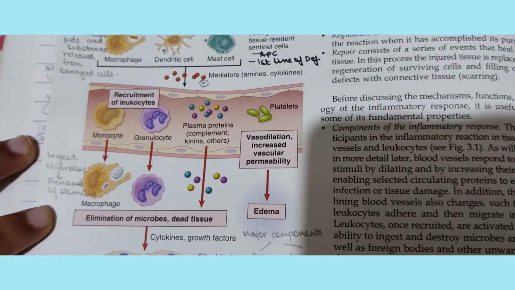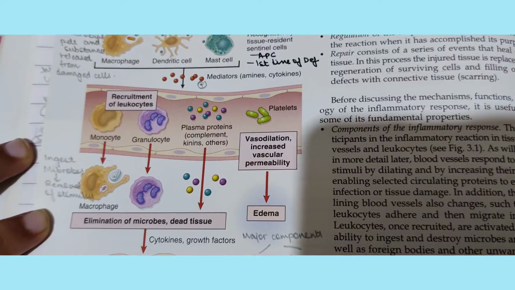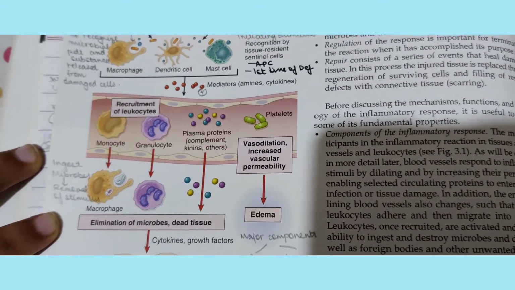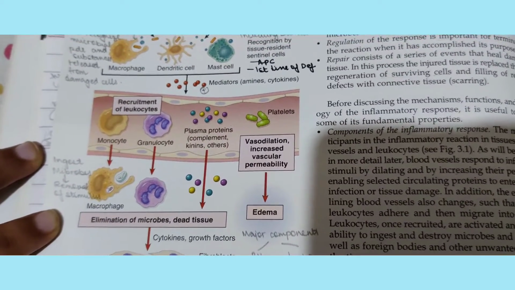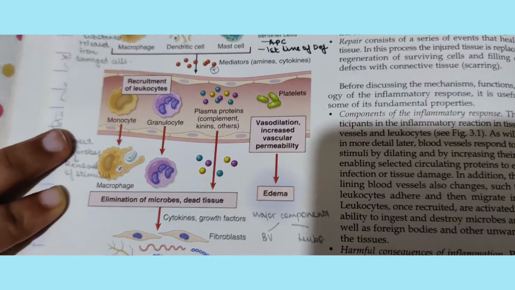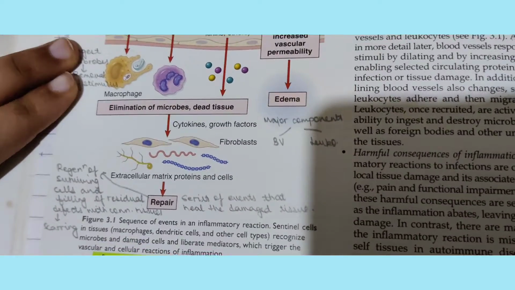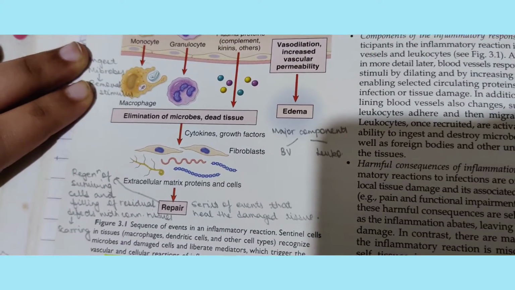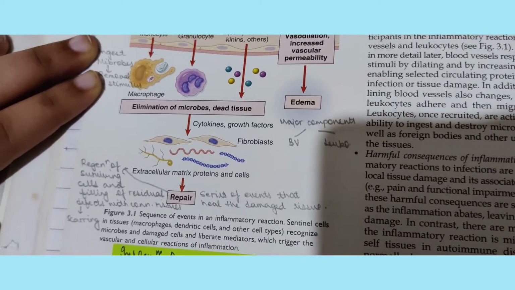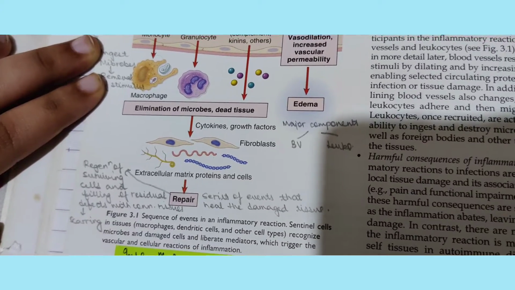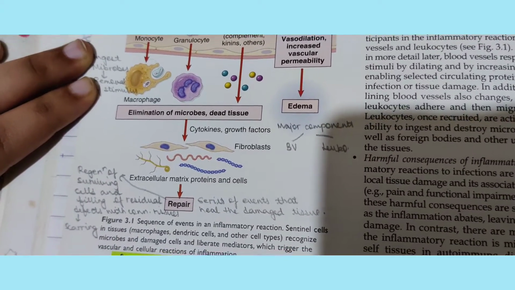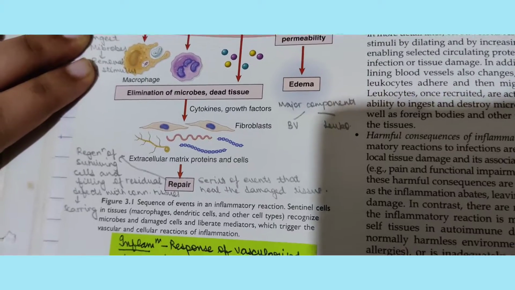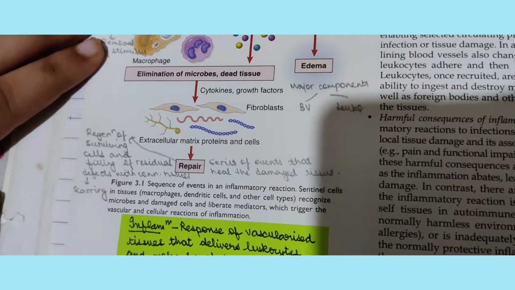Plasma proteins will cause elimination of microbes and dead tissue, and afterwards there is vasodilation and increased vascular permeability, which will lead to edema. During this elimination, some cytokines and growth factors are liberated which will stimulate fibroblasts and extracellular matrix proteins and cells, which will lead to repair.